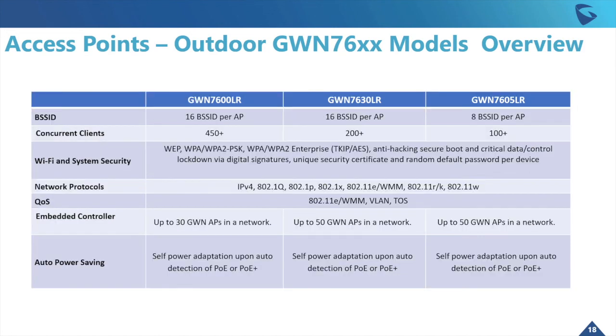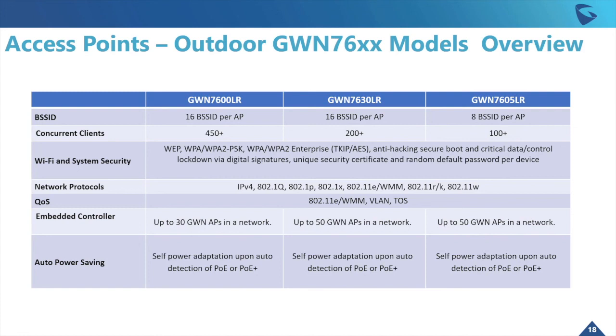For the SSIDs, the 7600LR and 7630LR allow you to create up to 16 SSIDs. On the GWN7605, you can have up to 8 SSIDs per AP.